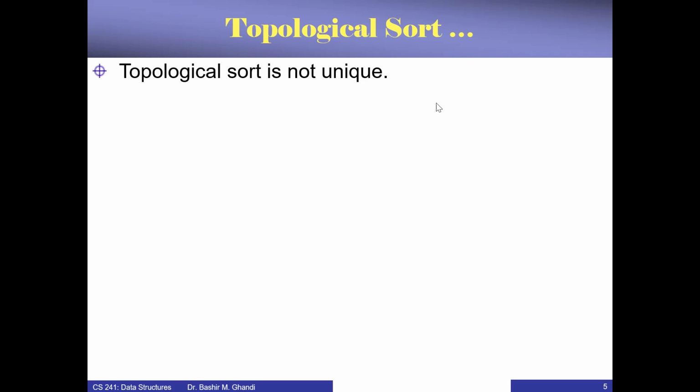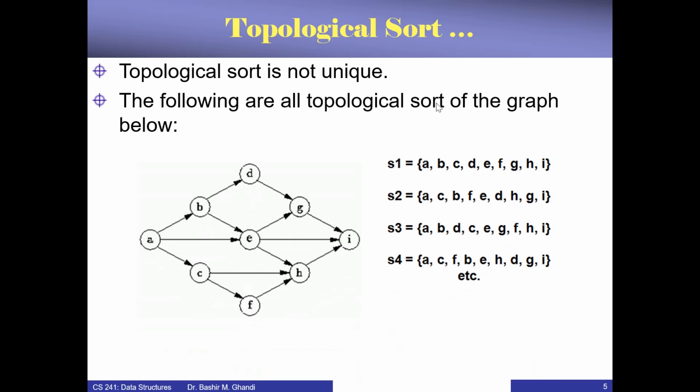Yeah, so the same thing, topological sort is not unique. As shown here, the following are topological sortings of the graph as shown in the picture here. So all these are valid topological sortings of this graph.